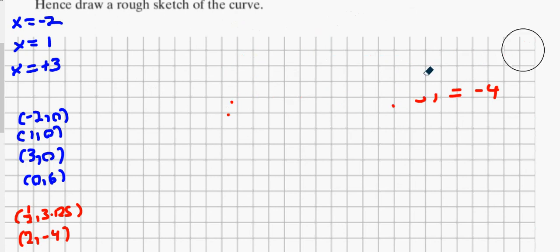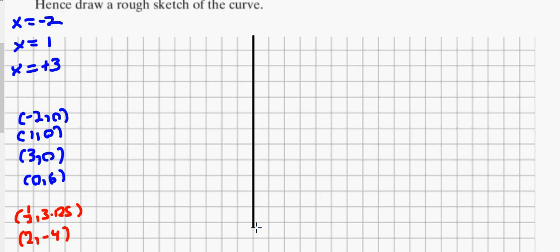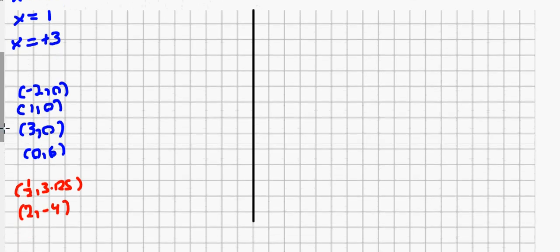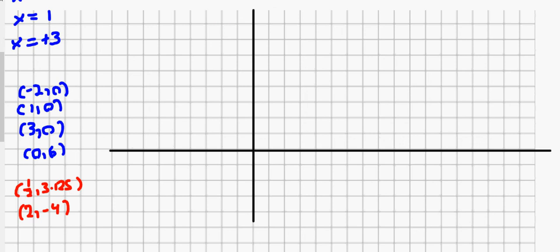So, what's the highest y value I need? What's the largest y value I need? Largest y value I need is 6. What's the lowest y value I need? I need minus 4, don't I? So I need 4 blocks there. Now the x values are slightly different. I'm going to space out the x values so it's worth 2 like this.